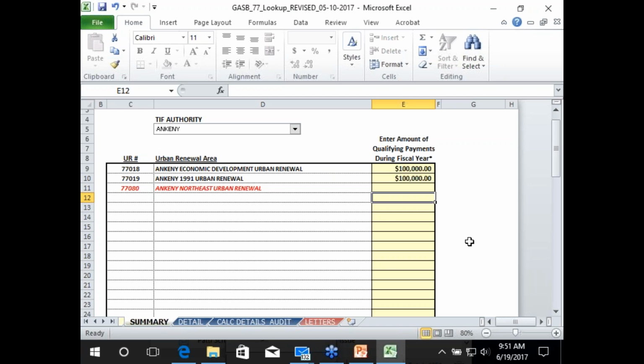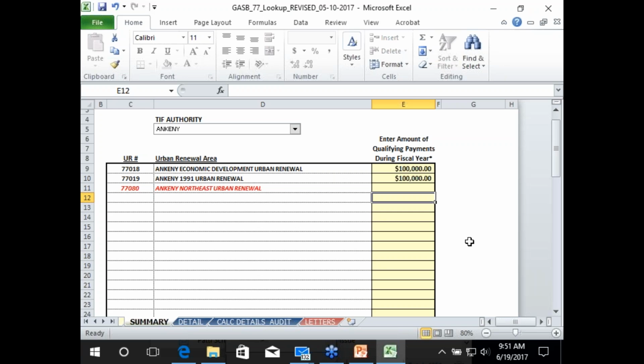But I'm guessing there's like 400 and some cities that have TIF, and there's like 40 some counties that have TIF. I guess 50 counties and 400 and some cities. So there's a good chance that your district is going to have some disclosure to be made under GASB 77.